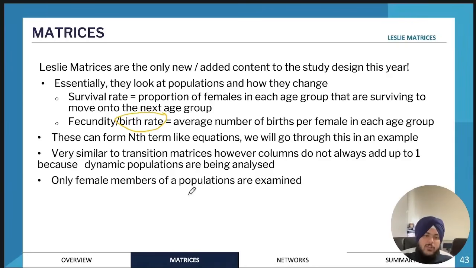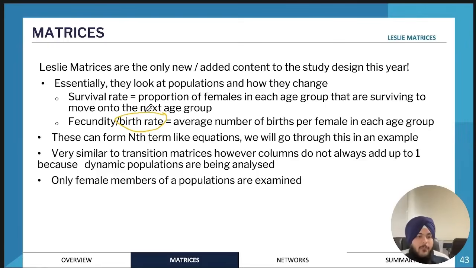In the second week, the insects are mature enough, so they can give birth, and the birth rate is, let's just say, 5. So each insect mother is going to give birth to 5 babies on average. And the third week, it might be 2.